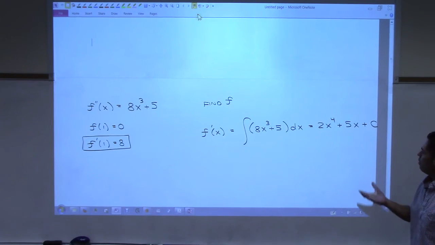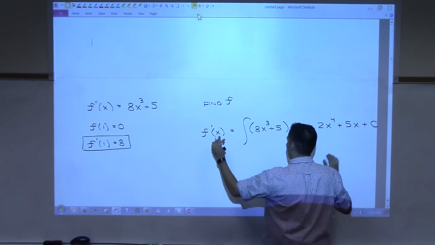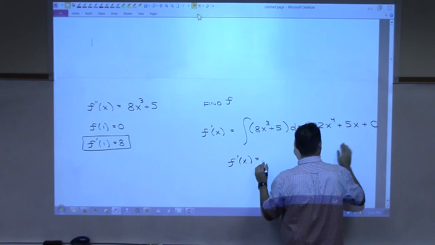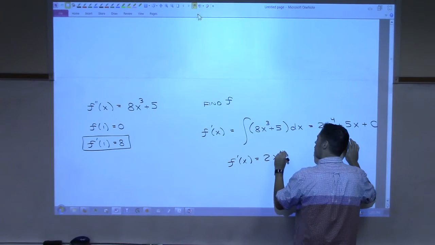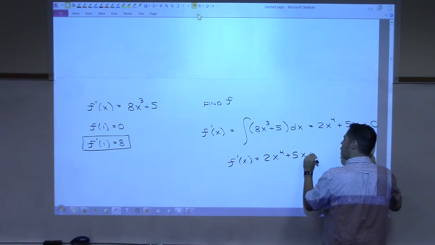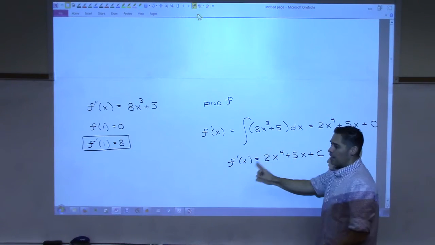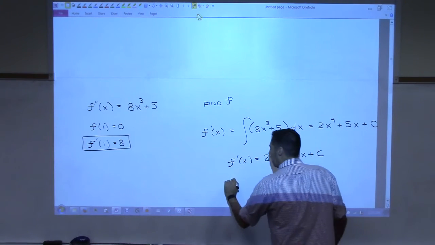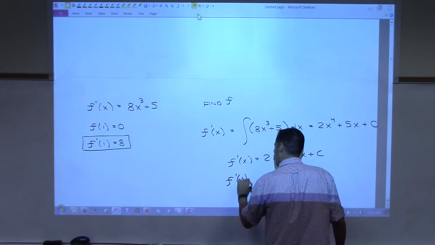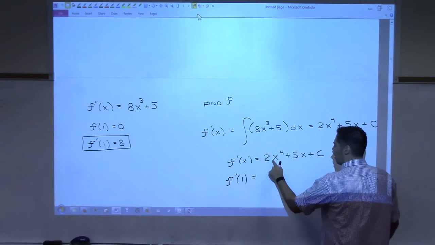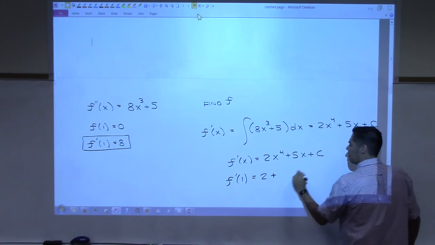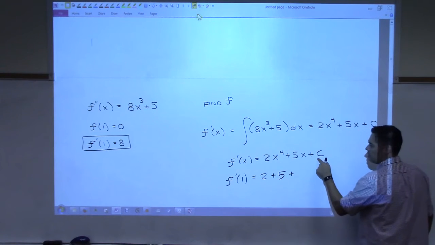So I know f prime of x is equal to 2x to the 4th plus 5x plus c. But if I plug in 1 for x, what would I get here? 2 plus 5 plus c.